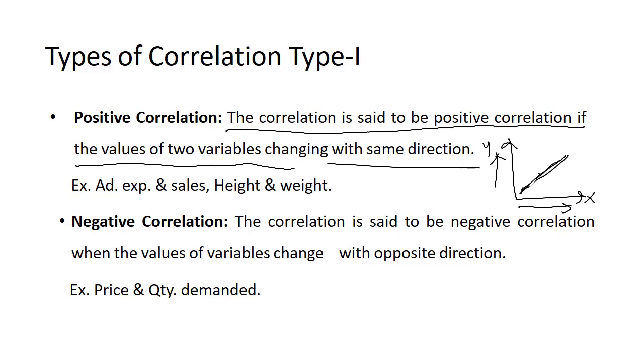When you decrease one variable, the other also decreases. When you increase one, the other also increases. Example: advertising expenses and sales, and another example, height and weight. As your height increases, your weight also increases.